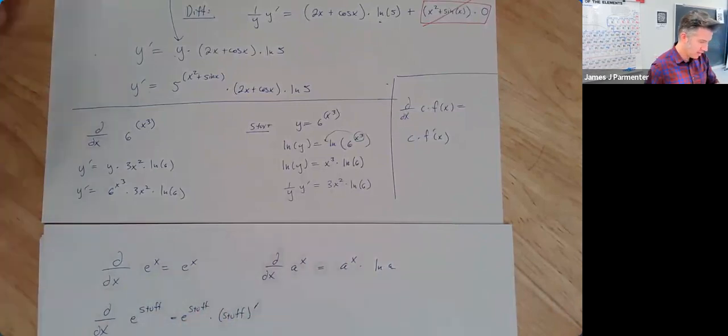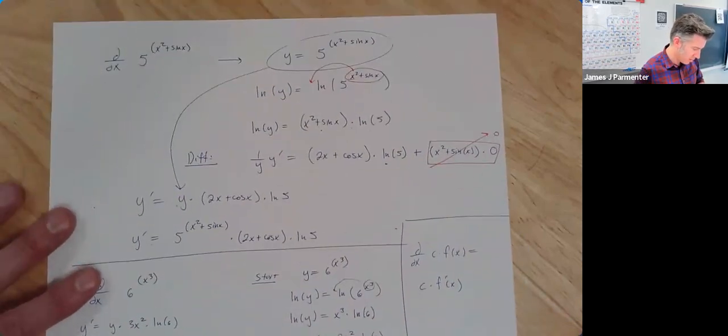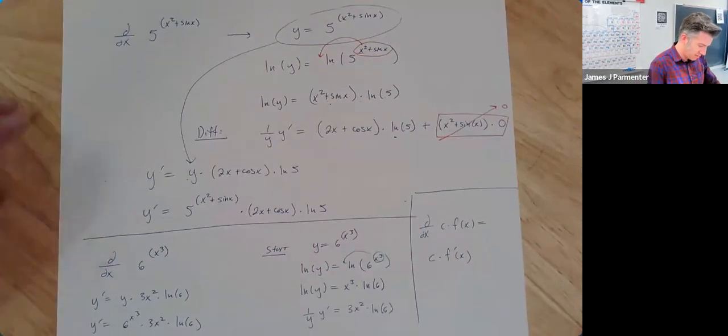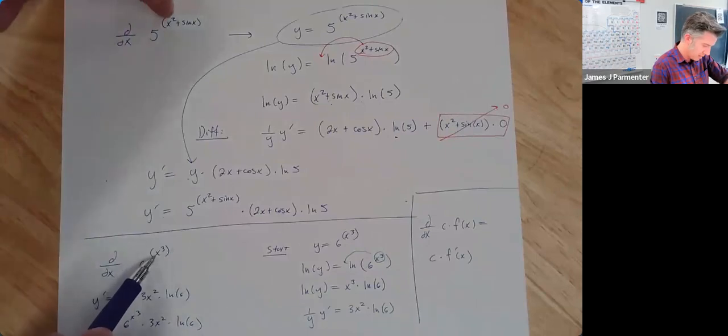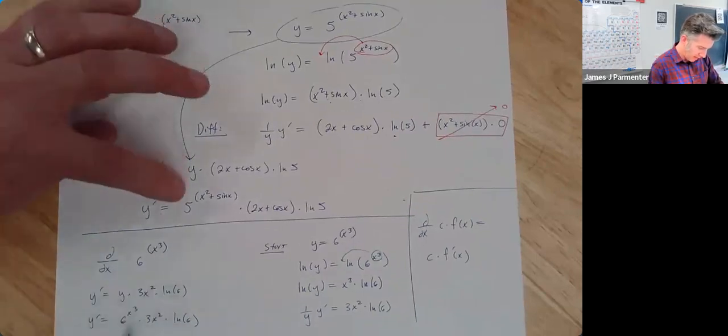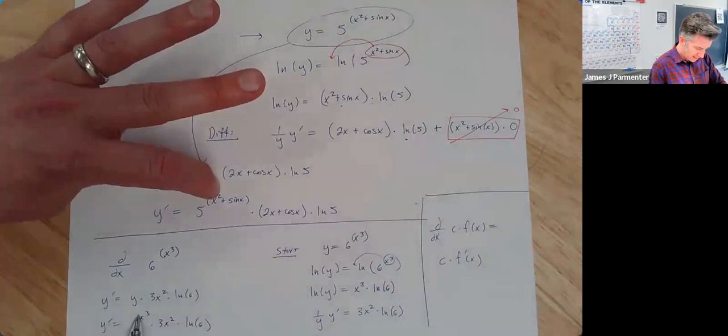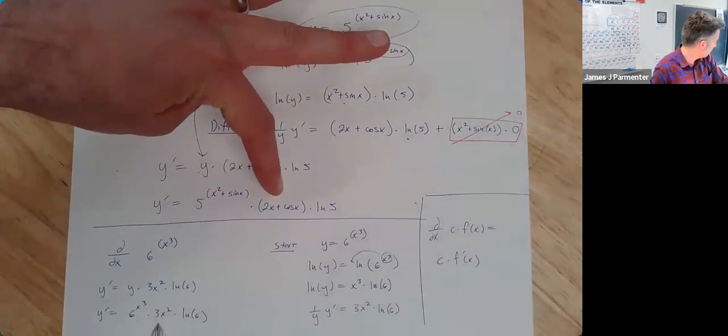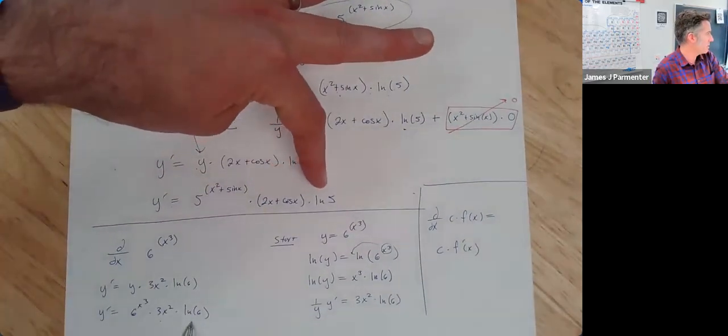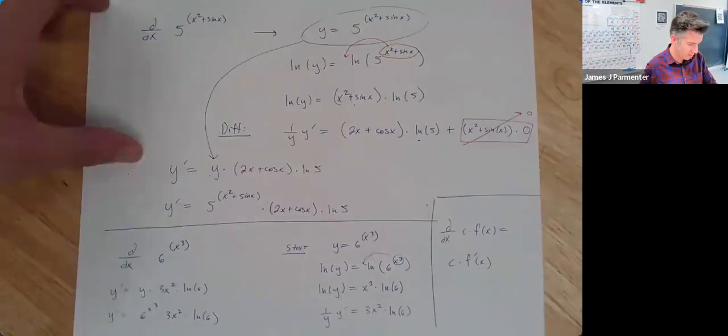And what I'm seeing in both of these previous examples is that the derivative of some base to the stuff is that base to the stuff times the derivative of the stuff times the natural log of the base. And that is the general pattern here.